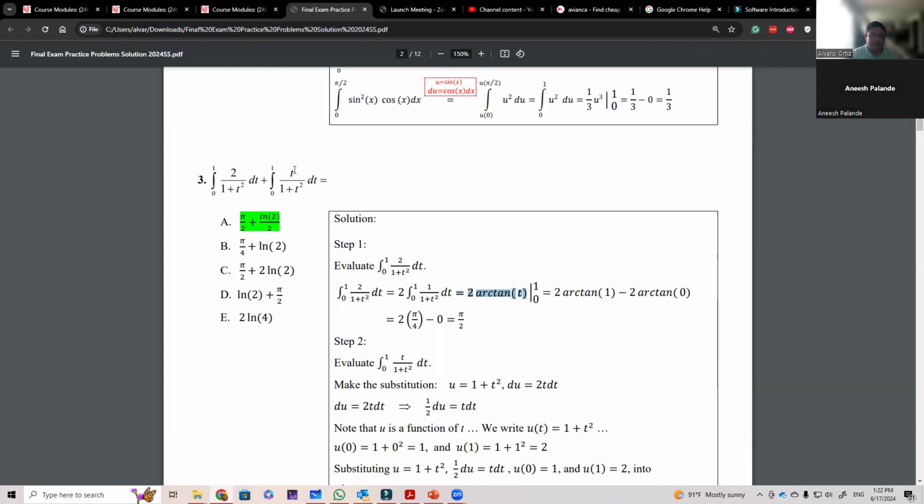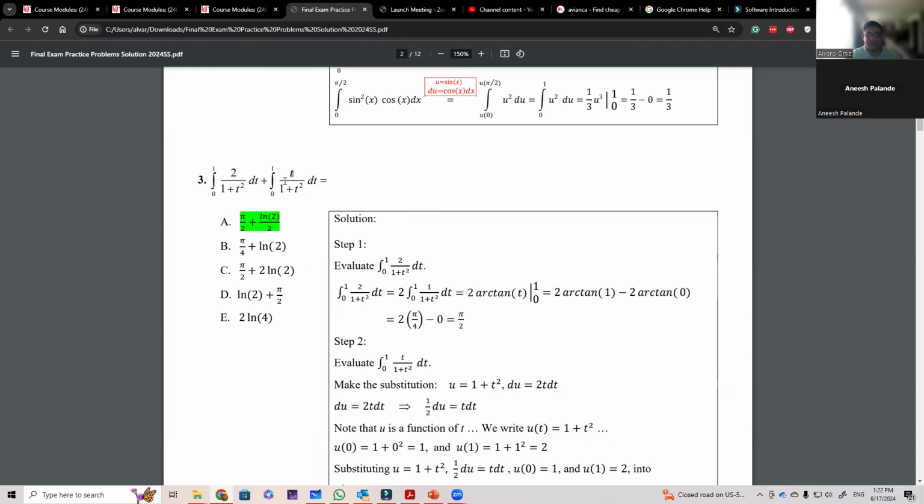On the other hand, if I had this t on the top, although this looks very familiar and I could potentially go with a trigonometric substitution, the easiest way is just to go with substitution. u equals 1 plus t squared. The du is going to be 2t, and so I'm going to have 1t on the top. That's going to help me work with that.